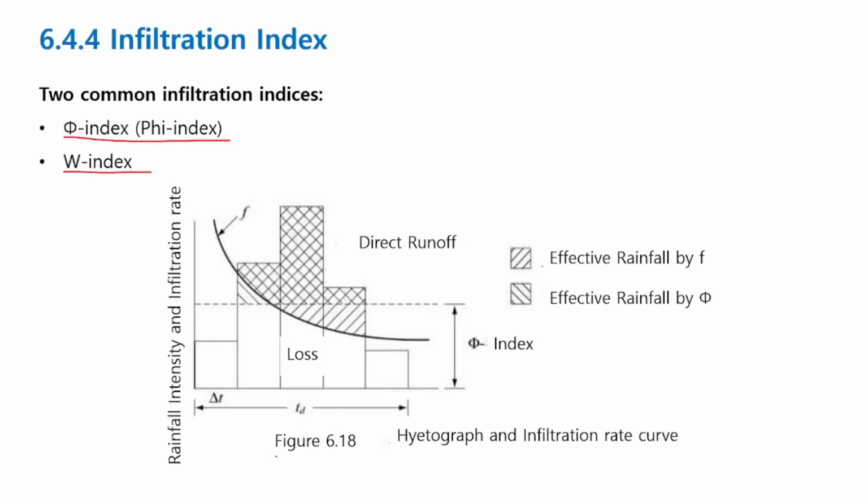As you can see in figure 6.18, hydrograph and infiltration rate curve: if the infiltration curve F is placed over the rainfall hydrograph, the portion above the infiltration curve becomes surface runoff, and the rainfall volume under the infiltration curve becomes the infiltration amount during the rainfall duration.